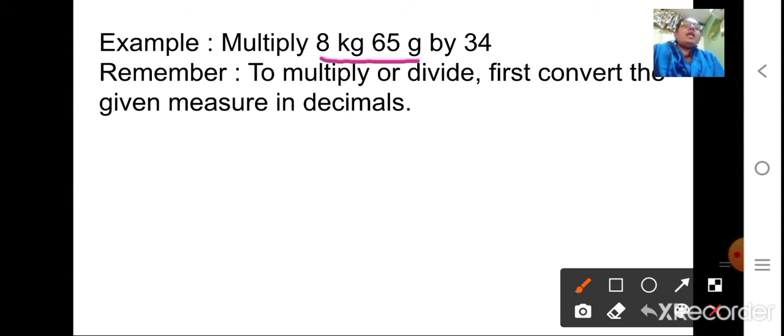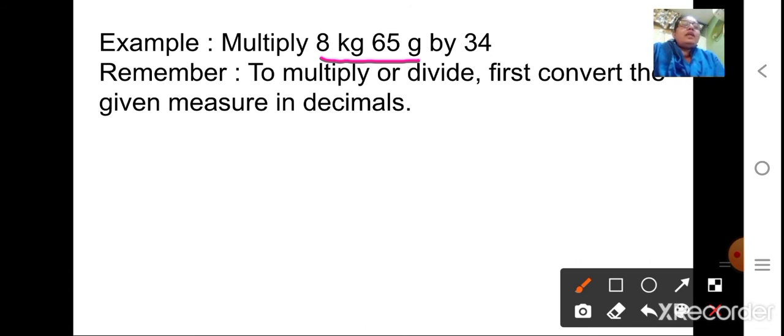Here 8 kg and 65 gram, you have to first convert into decimals. When we write a number using the decimal point, we use the bigger unit.